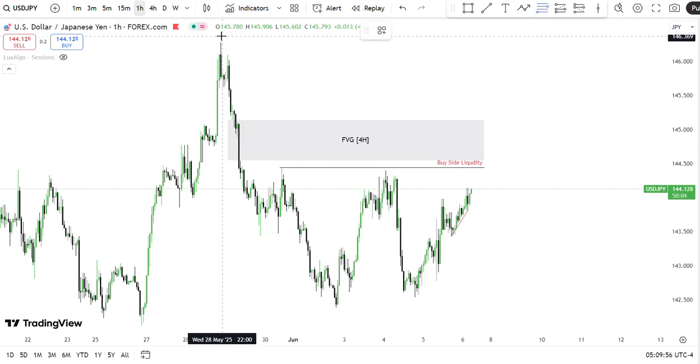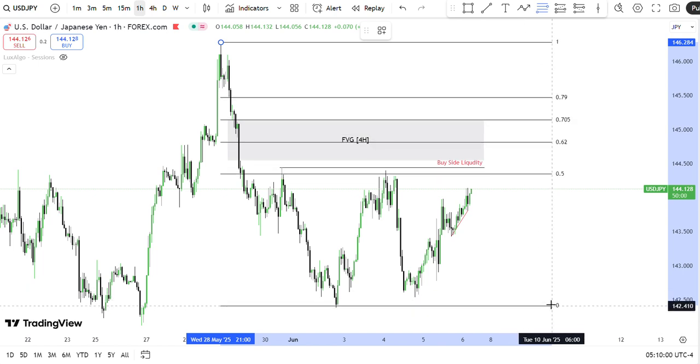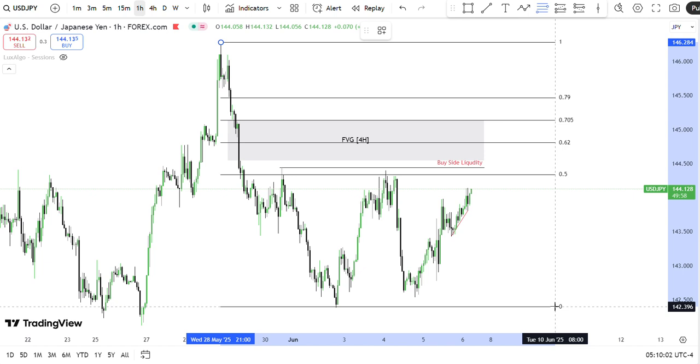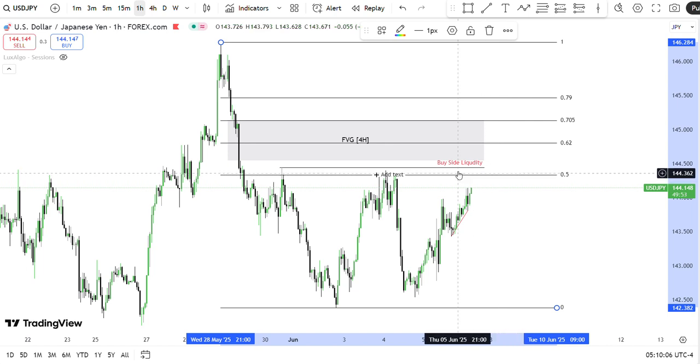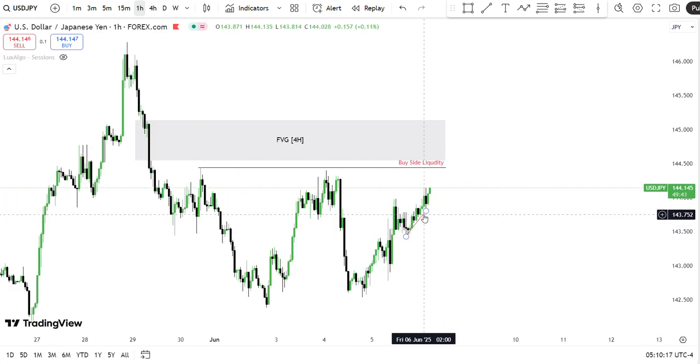So I use this tool to see whether the price is in premium or discount, and I'm placing it here. If the price breaks this buy side liquidity and goes to the premium zone, after breaking the premium zone we will get a higher confirmation and can go for our trade.